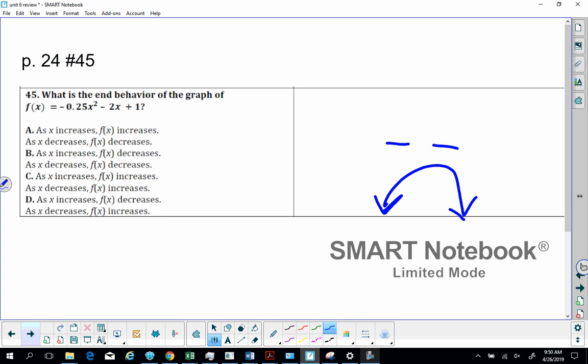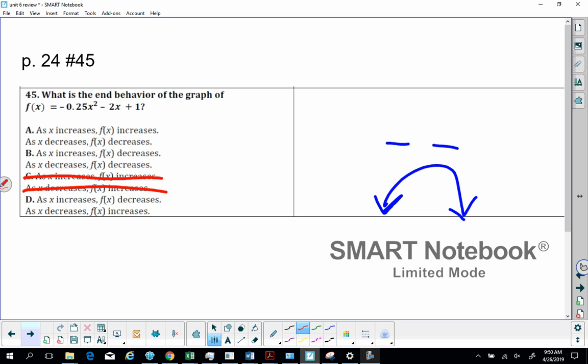Decreasing. When I'm talking about it going down, decreasing, is that talking about my X or my Y? Your Y. So we're looking for where it says f of x decreases. So one answer I know I can get rid of is answer choice C because it says increases.